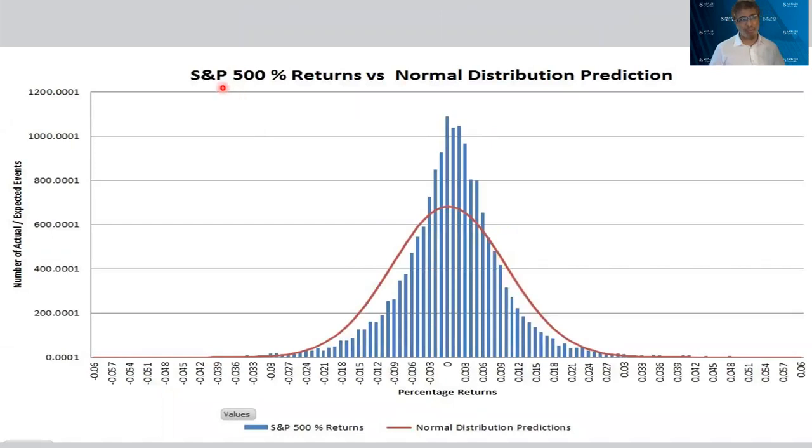This is the return, for example, the S&P 500, and in real life it's the same thing. This is the biggest market index in the US, and it's normally distributed. If you take the return of the whole index, you will find the mean is 0.